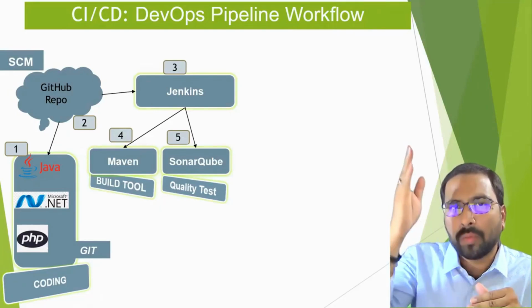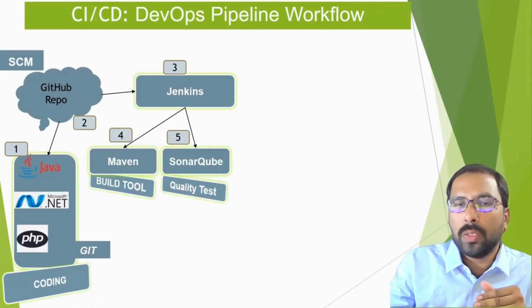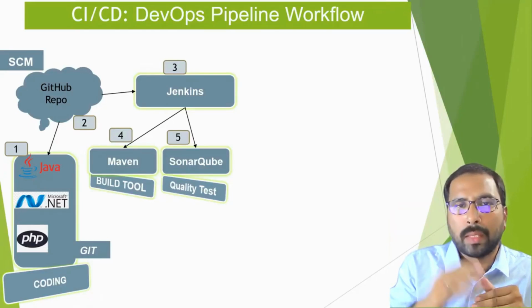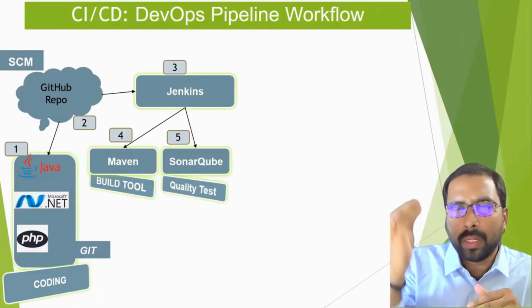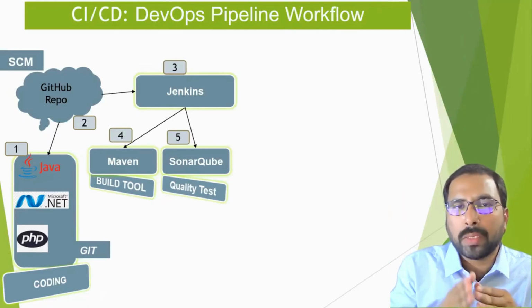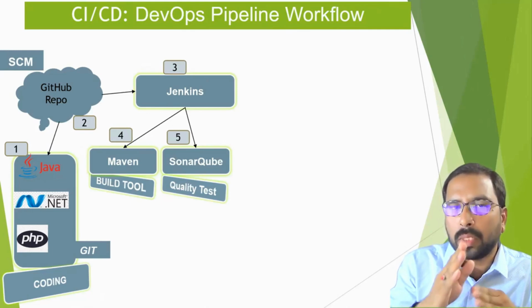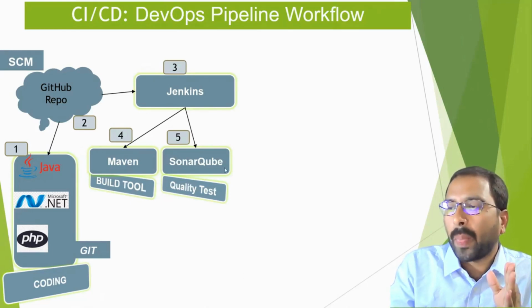SonarQube already has a number of instructions, like 70, 80, 100, something like that. If the code passes those, the code quality is good, and that information is sent again to Jenkins.